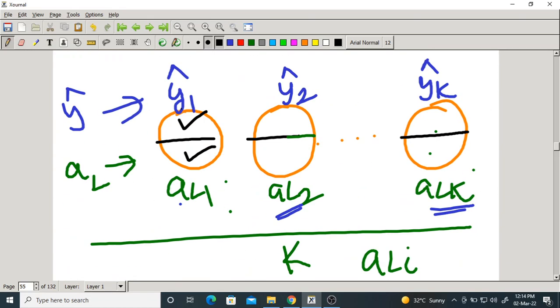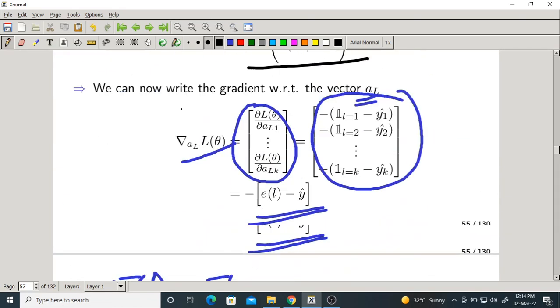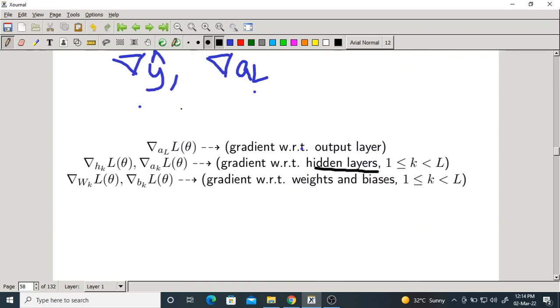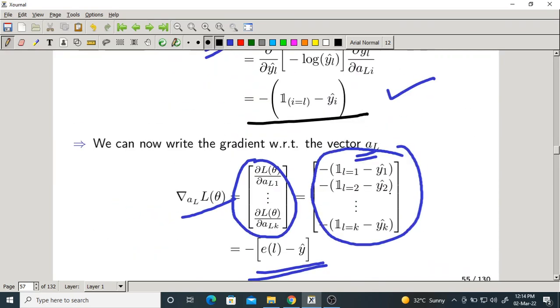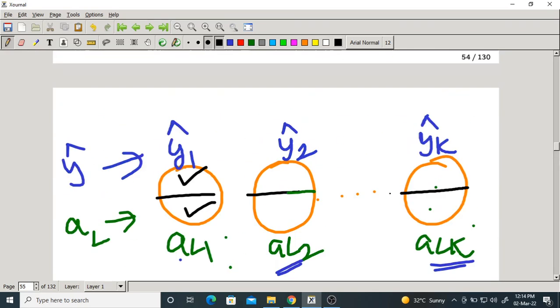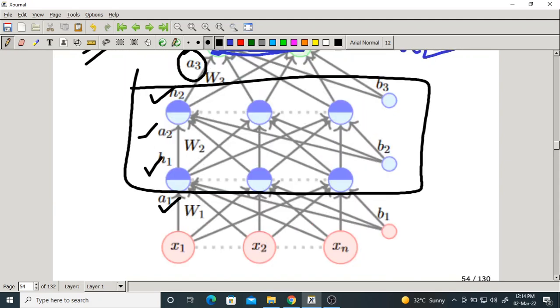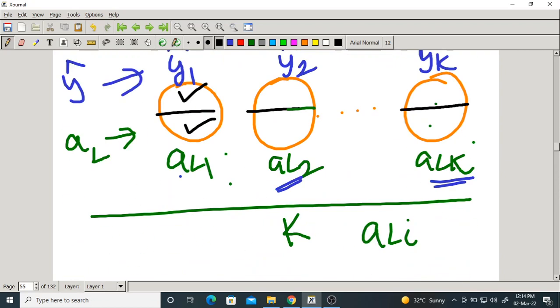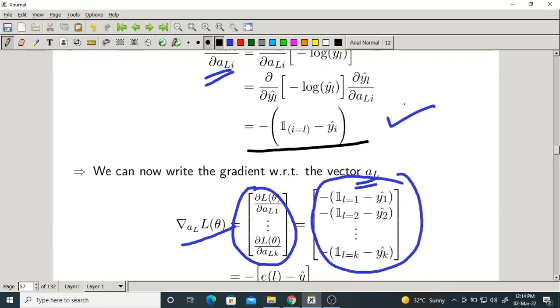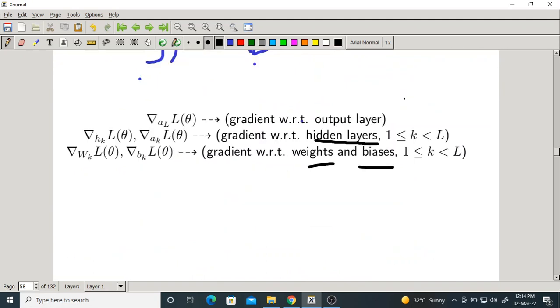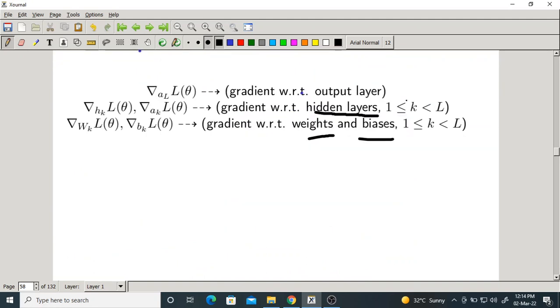They are the hidden layers, right? And the gradient with respect to the weights and biases. We have so many weights and biases, right? We have to find the gradient of all the weights: W1, W2, W3, B1, B2, B3. If you do all these things, that is the end of backpropagation, and we update the weights using the gradient descent algorithm.